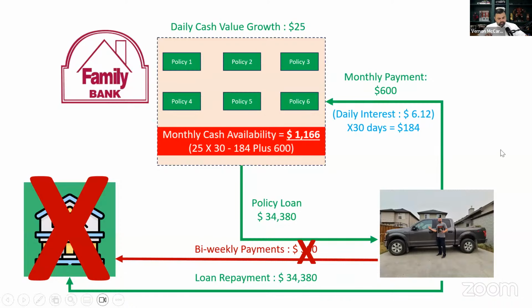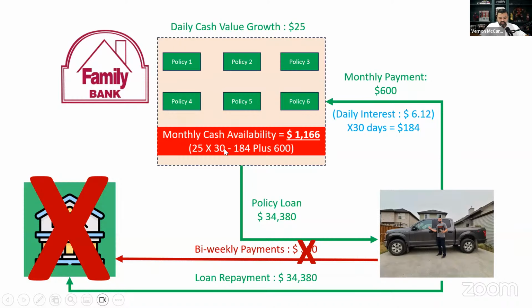So we have a daily cash value growth of $25 per day times 30 days. So you can see right here, I have $25 a day times 30 days, minus... So what they do is they withhold the interest. We've got to pay interest. So they subtract it. It doesn't interrupt the growth in the cash, but they're just withholding that capital while the loan is outstanding.